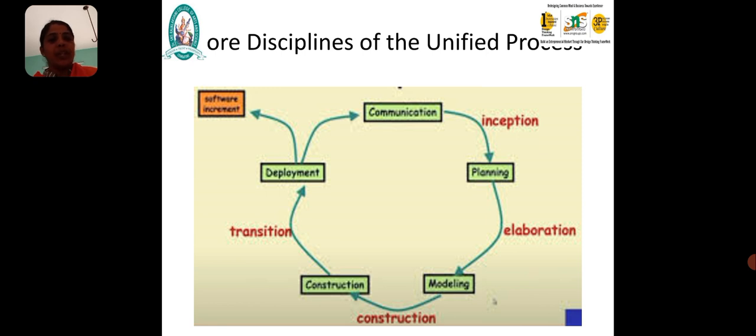After that, if there are any changes, any requirement from the customer, or any technology change, they have to include more data if they plan to do better compared to others. Likewise, if they have any reasons, again they have to move to the communication stage: inception, planning, elaboration, modeling, construction, and so on. After that, software maintenance should be there. At last, they have to hand over to the particular customers.